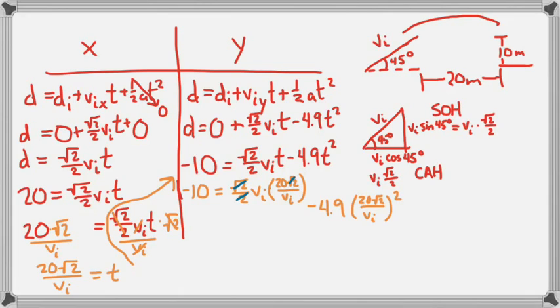These three things, when you multiply and divide them, they equal 1. I also notice that the v sub i's divide out in this particular term. So I'm left with negative 10 equals, the only term I have left here is this 20. So let's bring that down. 20 minus 4.9, and then now I have to multiply all this out. Well, 20 squared is equal to 400.